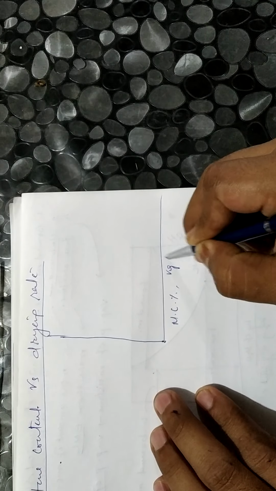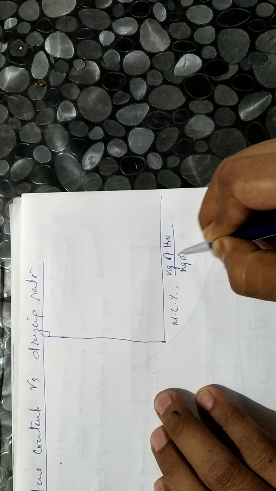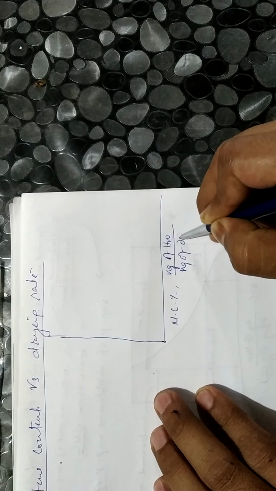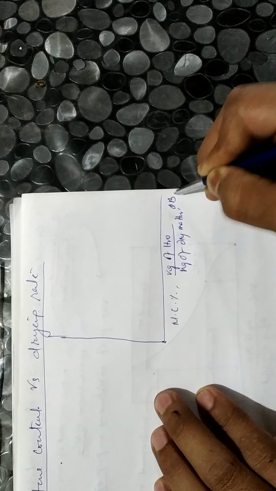This is also called kg of water removed per kg of dry matter, which is also called dry basis.